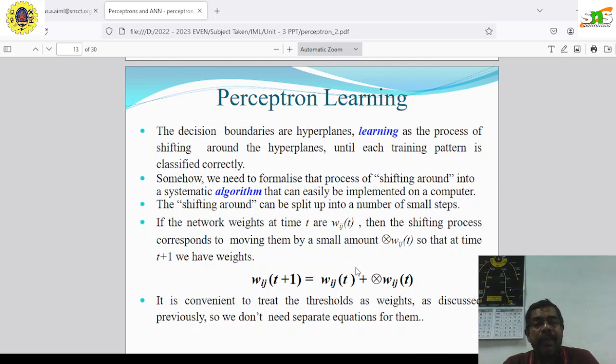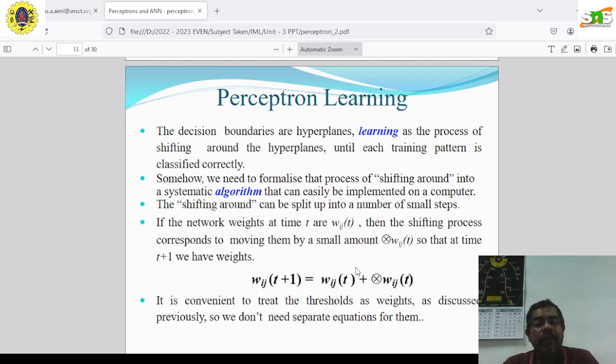To adjust these boundaries, we go with the support vectors, or support margins, with +d distance and -d distance. In the same way, in the perceptron we have to make the training patterns classified correctly by the boundaries. To formalize this process, we go with shifting around in a systematic algorithm that can be easily implemented. Shifting around means splitting it into a number of small steps.